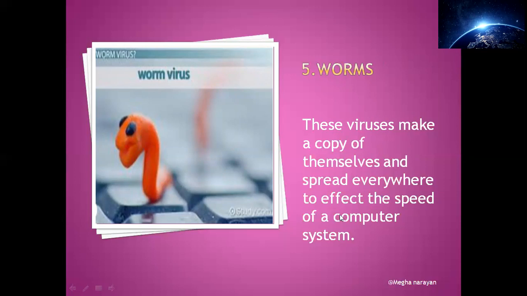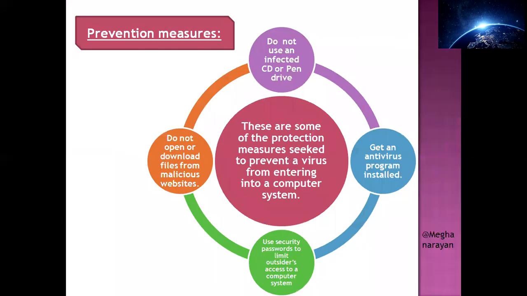Okay, so let's move further. These were the different types of computer viruses. We learned about what exactly a virus is, what the main harms caused by a virus are, and then the different types of viruses. In this slide, we will learn about various prevention measures.